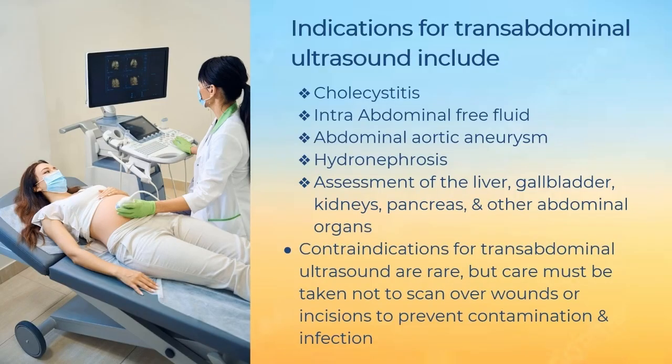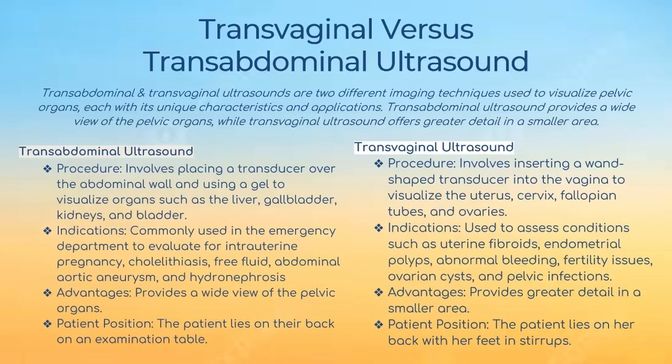There are different indications for transabdominal ultrasound, such as cholecystitis, looking at the gallbladder, intra-abdominal free fluid, abdominal aortic aneurysm, hydronephrosis, and assessment of the liver, gallbladder, kidneys, pancreas, and other abdominal organs. Contraindications are rare, but care must be taken not to scan over wounds or incisions to prevent contamination and infection.